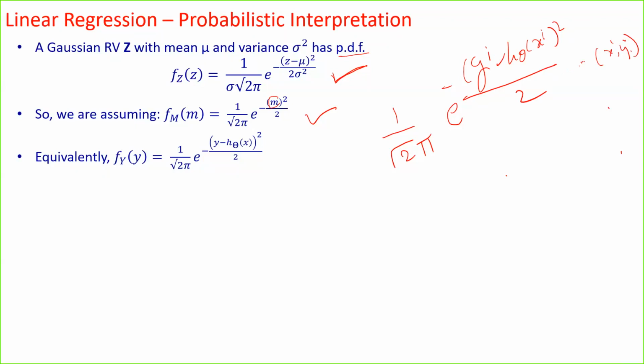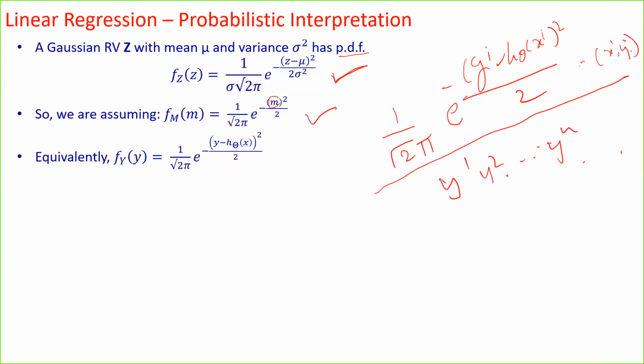Okay. So what if you want to estimate the likelihood of the data? What is the data? Data is a set of all the instances x1, y1, x2, y2, so on, xn, yn. Let us call it z1, z2, so on, zn, where zi is a pair of xi and yi. Or you can just call it y1, y2, so on, yn to avoid confusion. And this is the likelihood estimation of one instance yi.